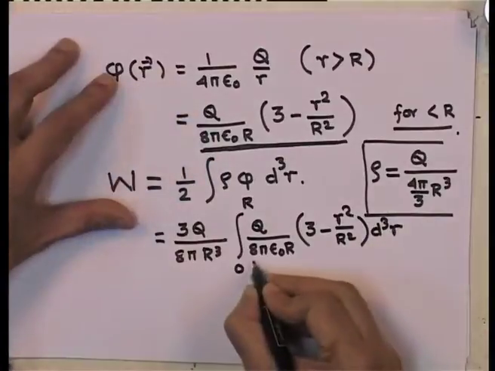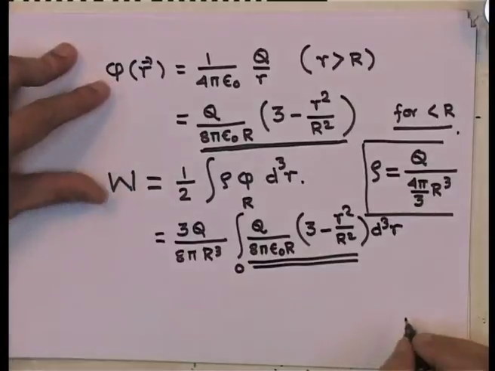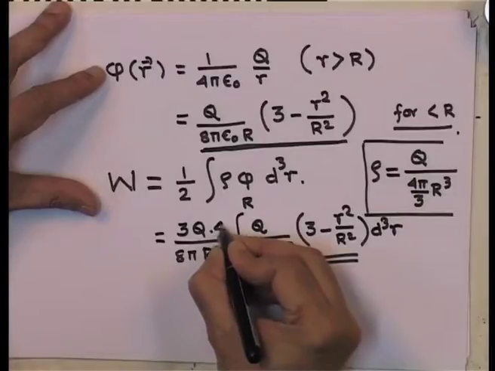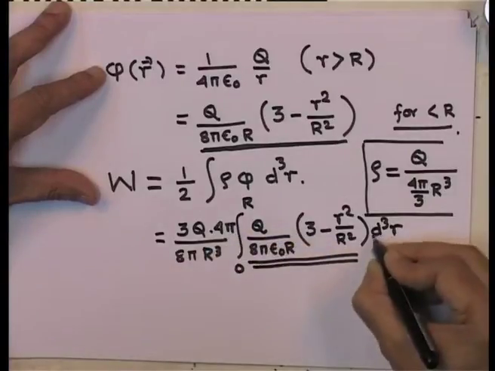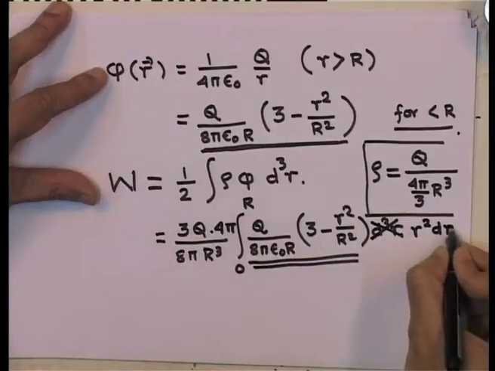Of course, this integral does not have any angle dependence. So, as a result, I get 4 pi from the angle, which I must plug in here, and then my integral is simply over r square dr.